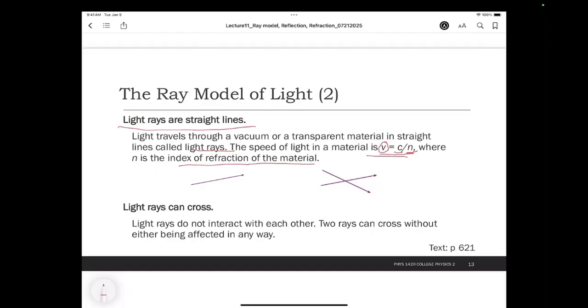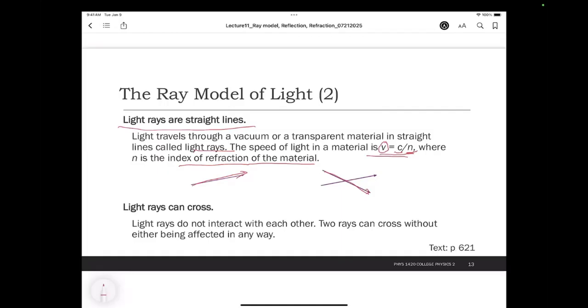You can see here, this is one light ray, and this is two light rays. The light rays can cross. The light rays do not interact with each other. Two rays can cross without either being affected in any way. It's not like a model wave, which will have the interference phenomenon and the diffraction situation.